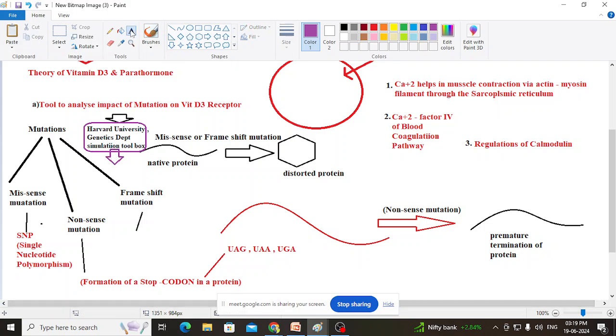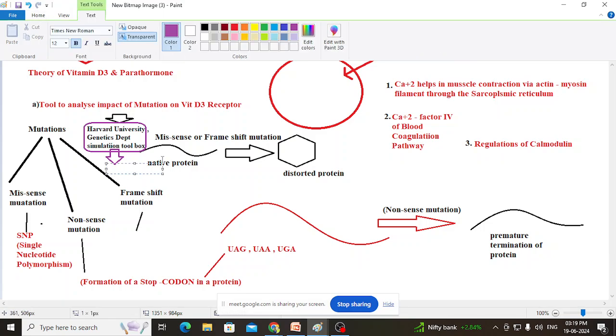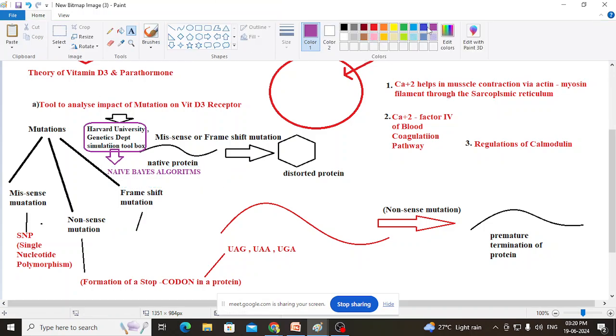The tool is based on a machine learning concept which is called the naive Bayes algorithm. Okay, so we'll study this today. So the tool is based on a particular kind of algorithm which is known as the naive Bayes algorithm.